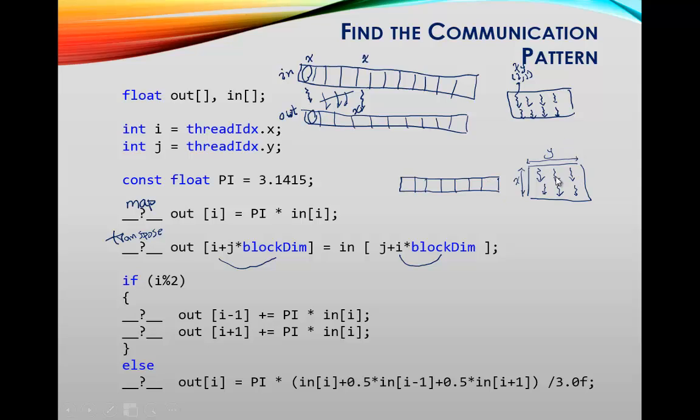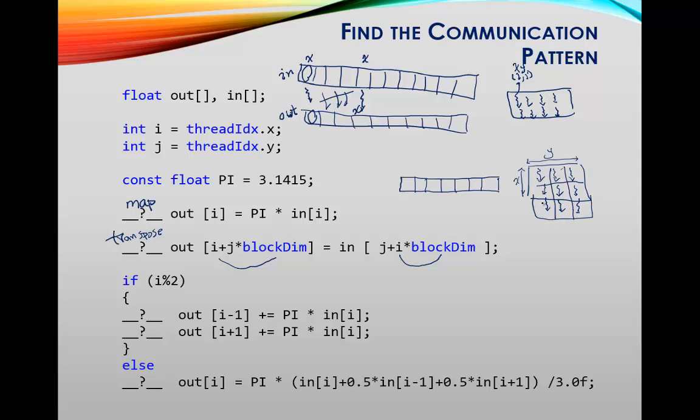Now, the block dimension is how many rows and columns we have, and let's say that we have a 3 by 3 block of threads.